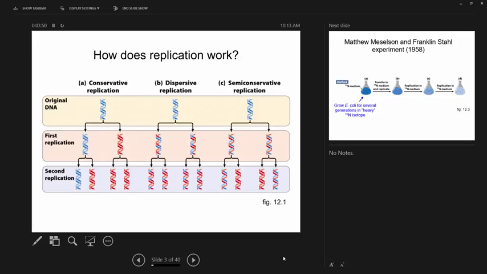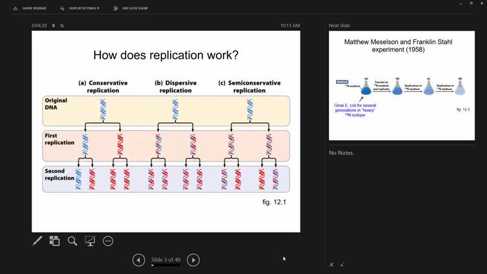So in this case, blue is the original, and this orangey red color is the copied DNA. So at each replication, at the first replication and at the second replication, the original DNA would be conserved in its entirety. The whole molecule would be together.